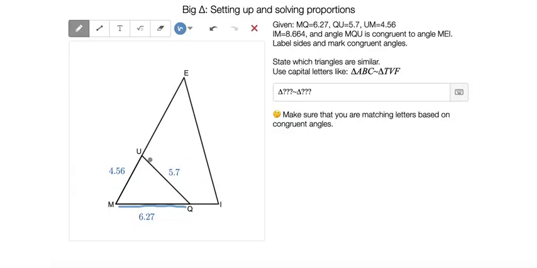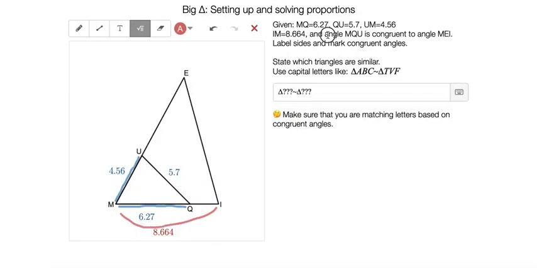And it's not the whole thing, it's just from U to M, which is right there. Then IM is 8.664. IM is the entire bottom of this. That's the side in the big triangle. So I'm going to switch to red and then say from I all the way to M, like this, is 8.664.